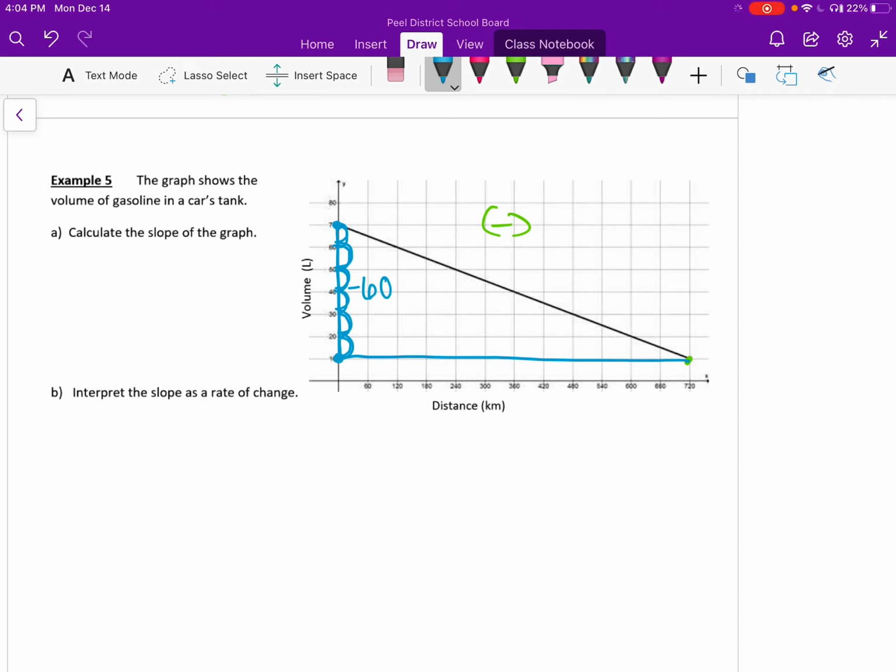What's my run? I'm going to go over. The one thing to notice here is you're going up by 60 each time, right? So I'm going 60, 120, 180, 240, 300, 360, 420, 480, 540, 600, 660, 720. So I'm going over 720.